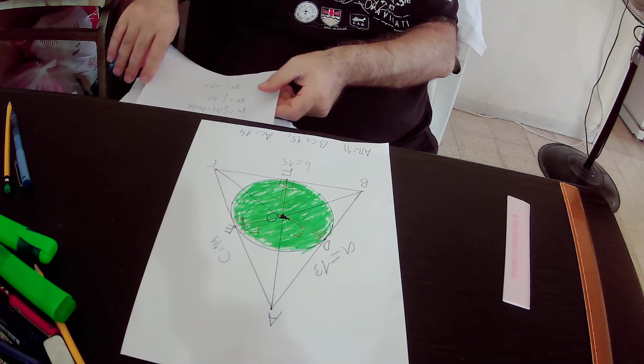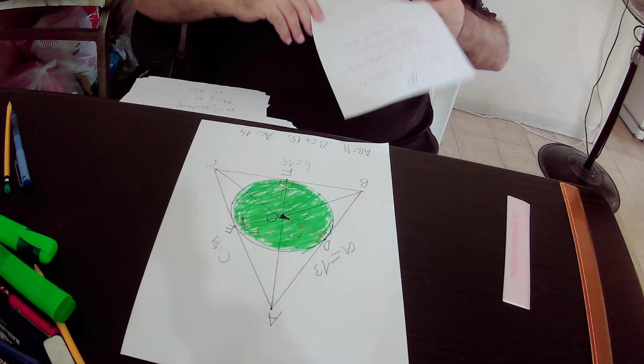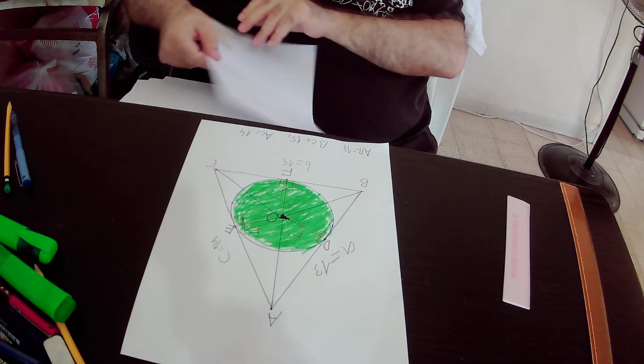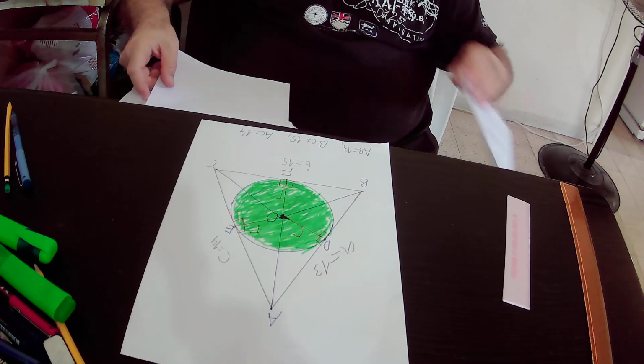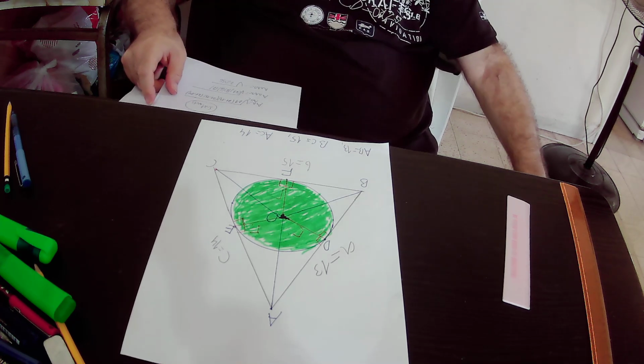Okay, so the semi-perimeter of any triangle equals the perimeter of the triangle over 2, and we found out the semi-perimeter of our triangle ABC.